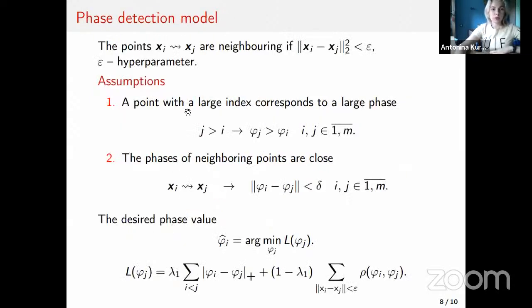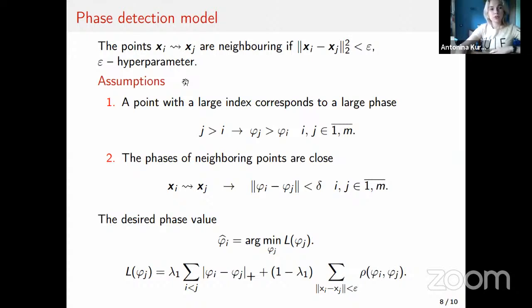Let's talk about a phase detection model. We will call the points x sub E and x sub G neighboring if their two norm is less than epsilon, where epsilon is a hyperparameter. So to extract the phase, the model is based on two assumptions.